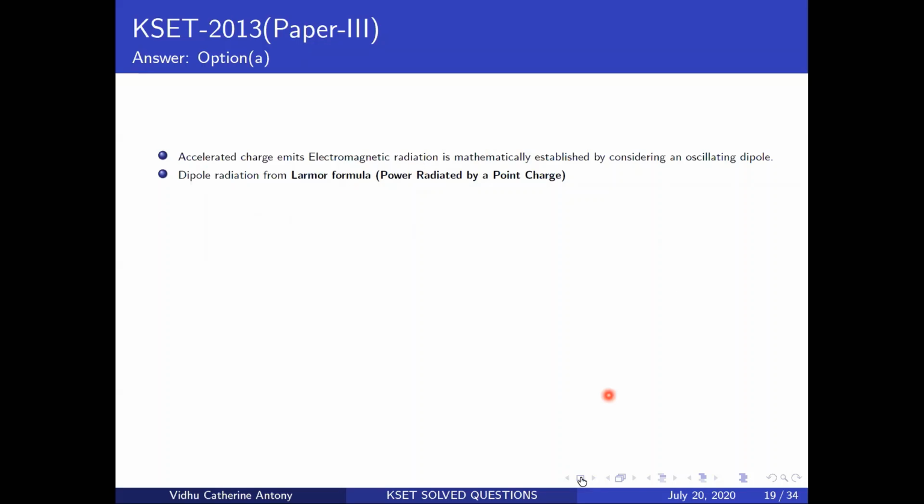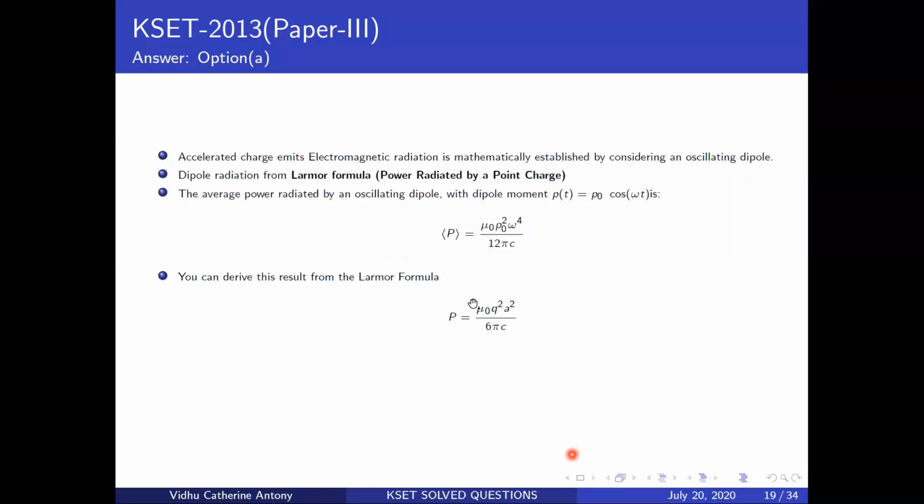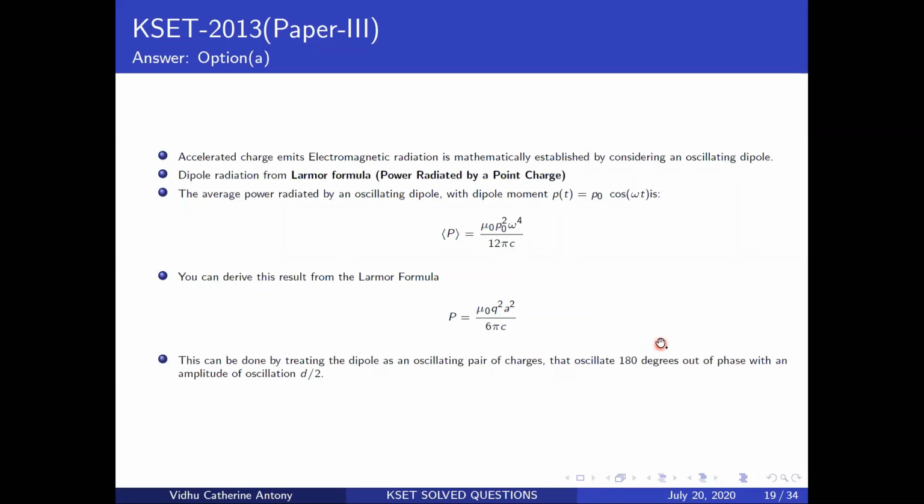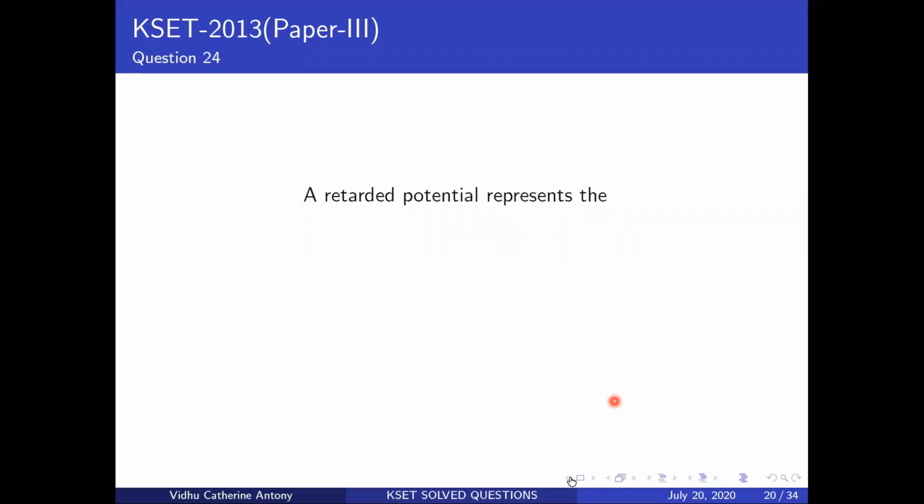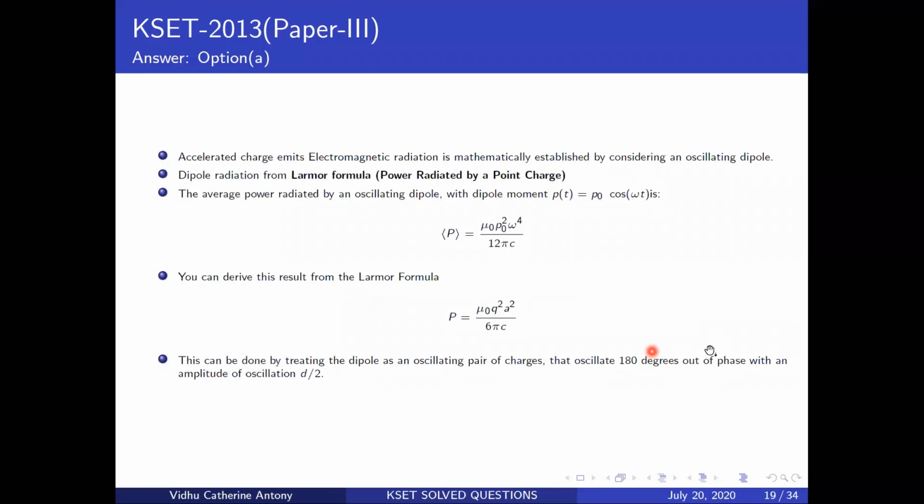Okay, so what you basically have to do is take your P of t, which they consider to be oscillating with a certain frequency called omega. Then this result can be derived from the Larmor formula by taking two charges, treating them as a separate pair of charges, and showing that they are about 180 degrees out of phase.